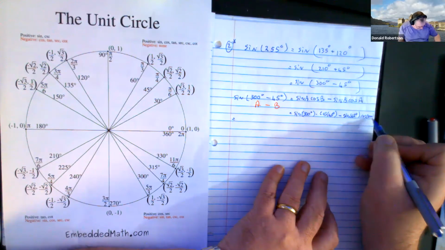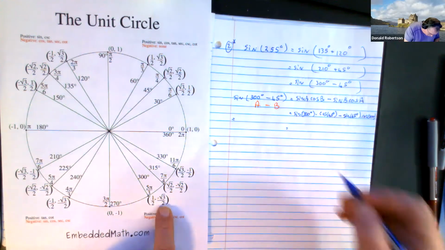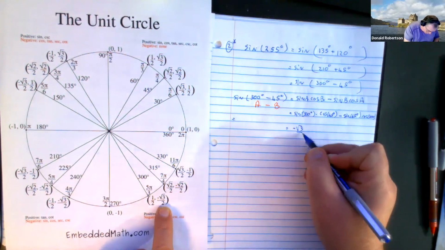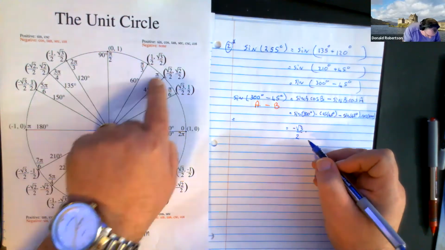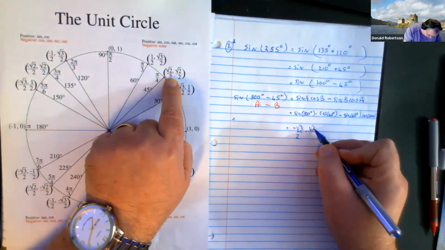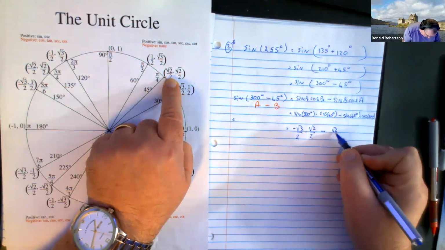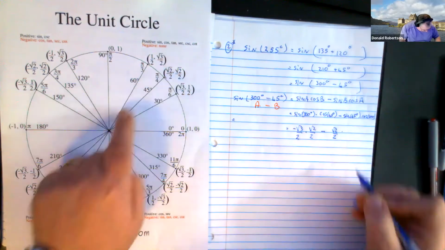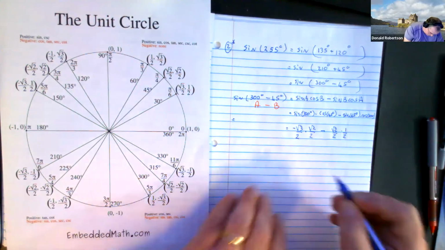Right, the sine of 300 is this one here. And the sine is the y coordinate, so it's negative root 3 upon 2. The cosine of 45 is here, and the cosine is the x coordinate, so it's root 2 over 2. Take away the sine of 45 is also root 2 over 2, and there's 300, and the cosine of 300 is 1/2.